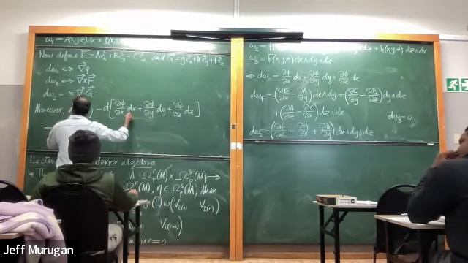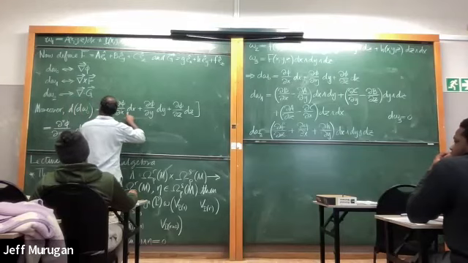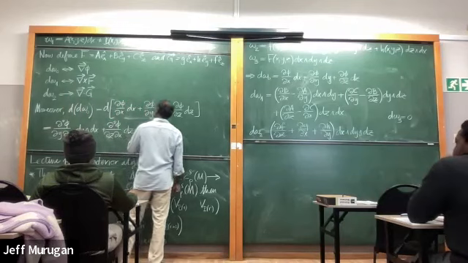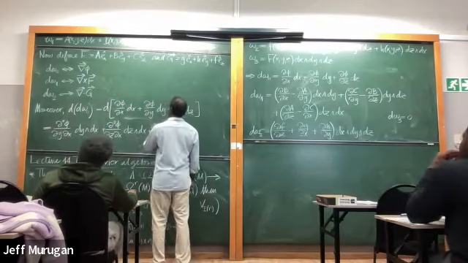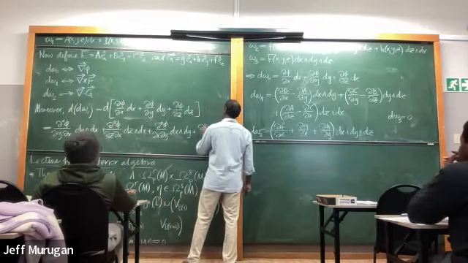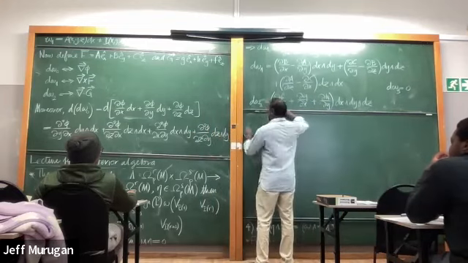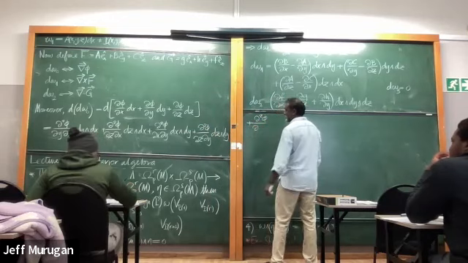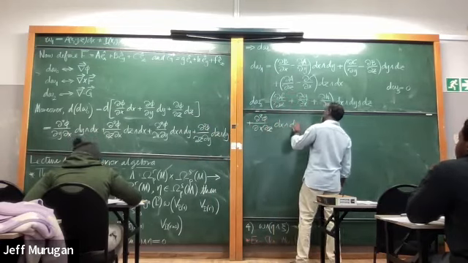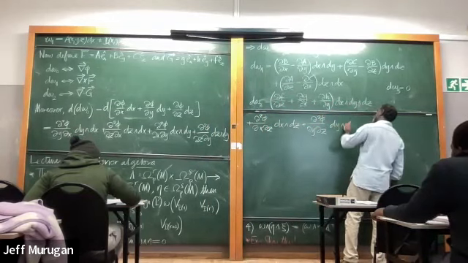So this is d2 phi by dy dx, dy with dx, plus d2 phi by dz dx, dz with dx, plus d2 phi by dx dy, dx with dy, plus d2 phi by dz dy, dz with dy, plus d2 phi by dx dz, dx with dz, plus d2 phi by dy dz, dy with dz.